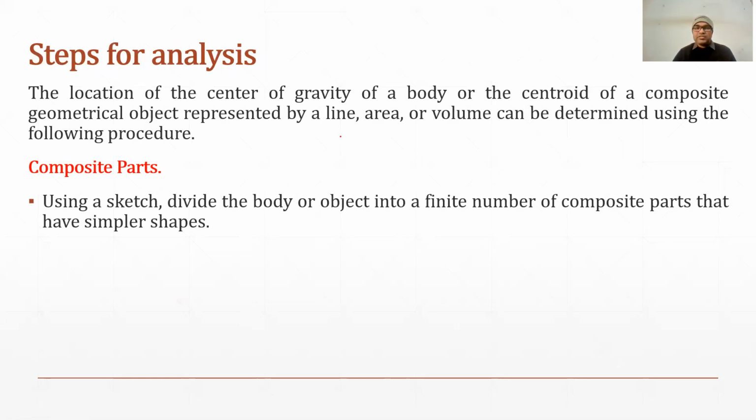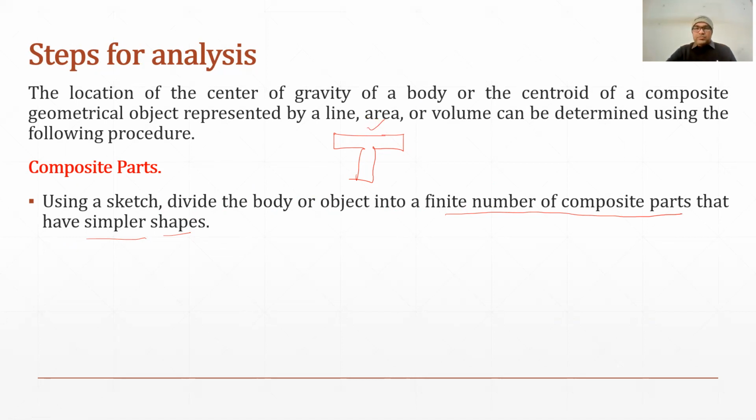For example, if we have a body, say this T shape, and we are supposed to find out the centroid of this T section, in that case, first of all, we have to divide it into regular figures. As it is written here, using a sketch, divide the body or object into a finite number of composite parts that have simpler shapes. So this T shape can be divided into two rectangles.